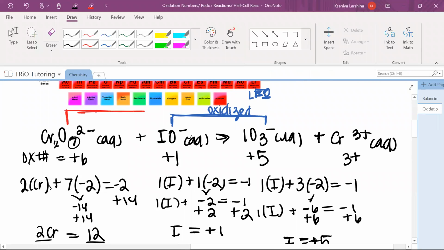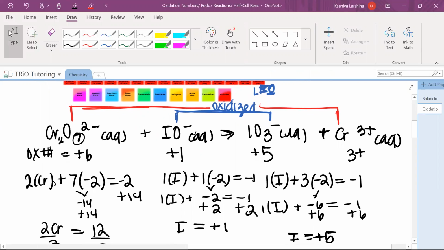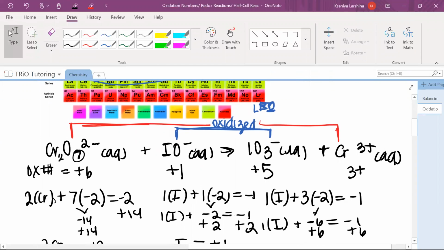Cr gained electrons because it went from +6 to +3. So we gained 3 more electrons. So since we gained electrons, we're now reduced.